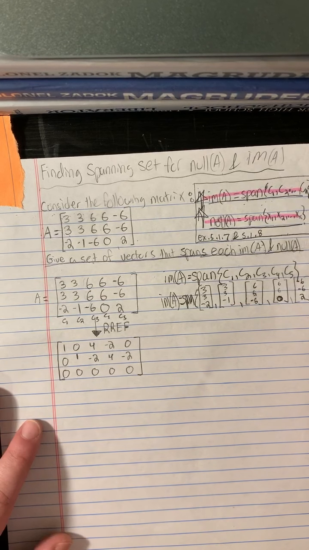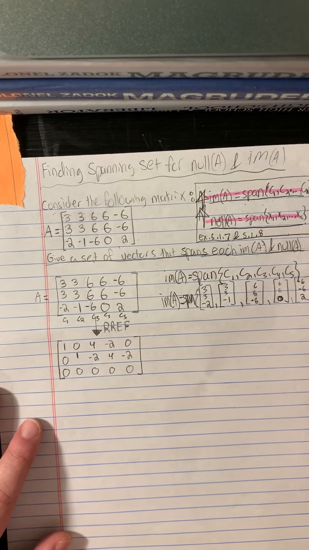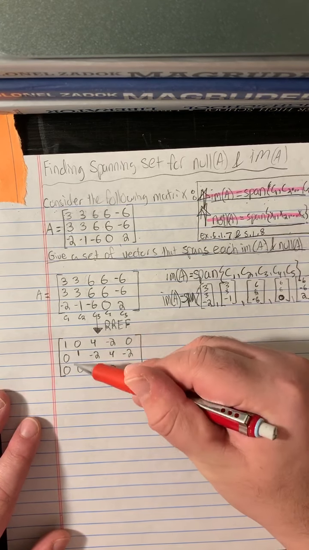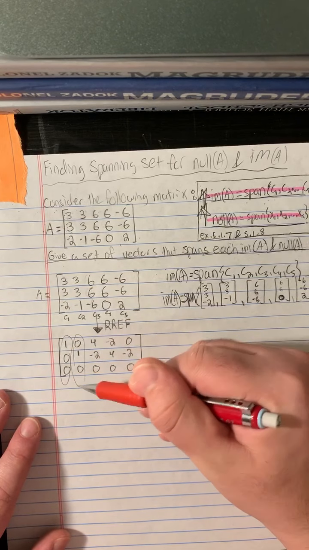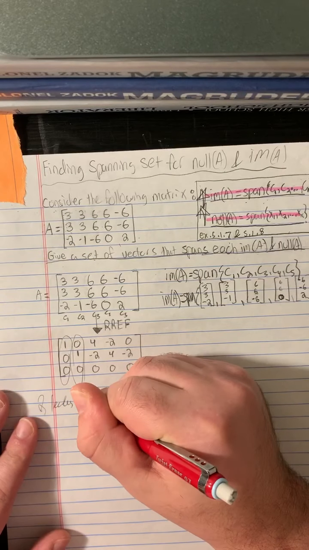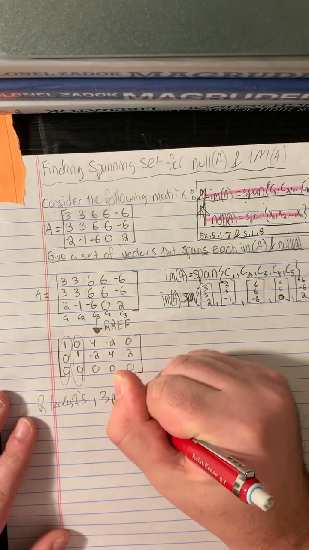Now, before going further into this problem, just by looking at the row-reduced echelon form of this matrix, we can see that there are 2 leading ones and 3 parameters.